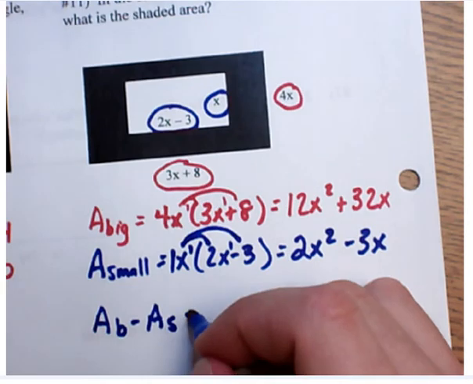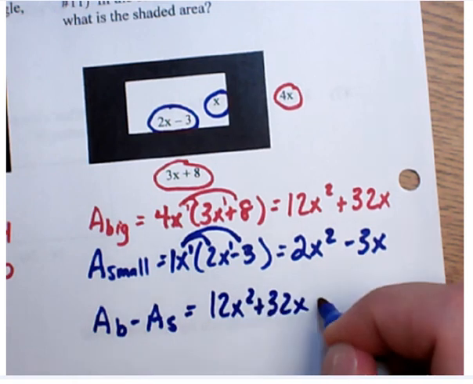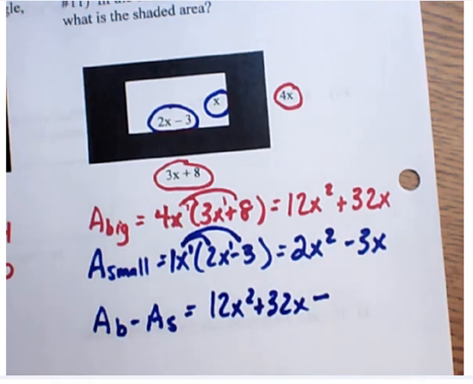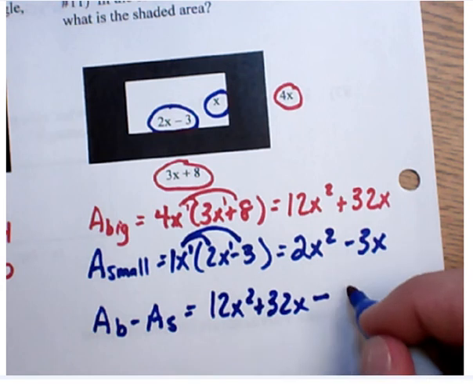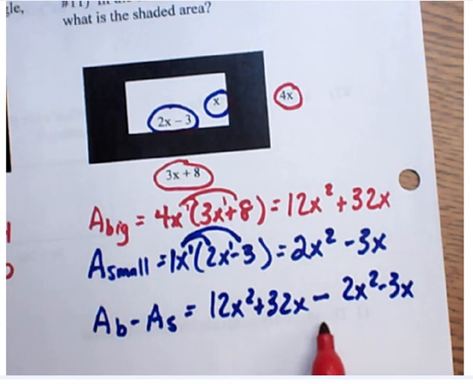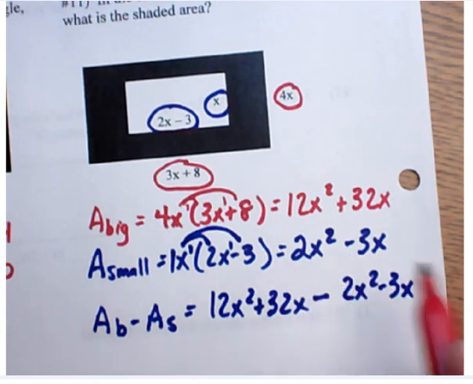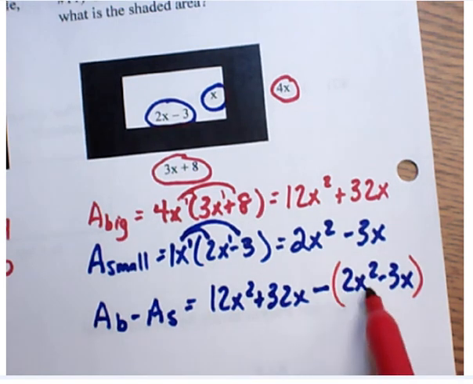So the big rectangle was 12x squared plus 32x minus the area of the small one, which was 2x squared minus 3x. Now actually the way that I've done this is wrong. I've made a mistake. I forgot something. I have to subtract this whole area of the small. So the way I do that is I have to put parentheses. I have to subtract both of these.